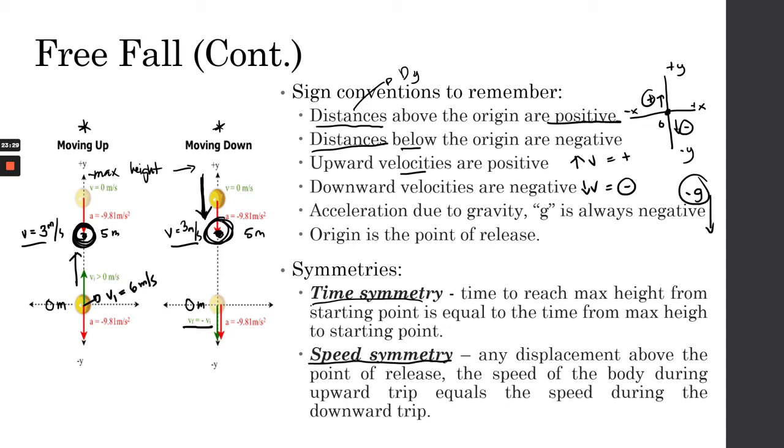By the time that ball arrives again at the origin, the final velocity would also be equal to 6 meters per second because they both start at the origin. So that is what we call speed symmetry. I hope these two concepts are clear together because when you start understanding what is happening in free fall, those are the two concepts that are sometimes very useful to understand.